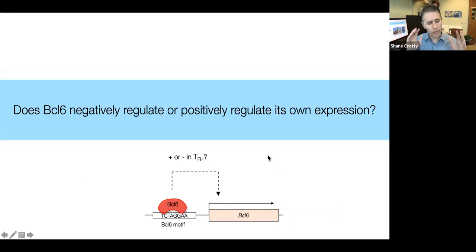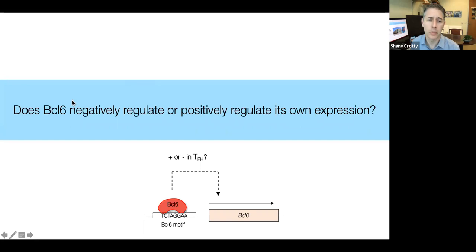So from here, I'm going to whip through a whole bunch of data pretty quickly and just try to highlight the main conclusions from the data in the interest of time. One challenge has been, is Bcl-6 really primarily a repressor, or is it also an activator?